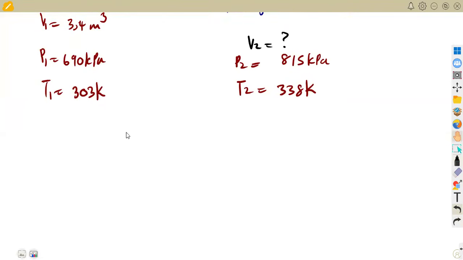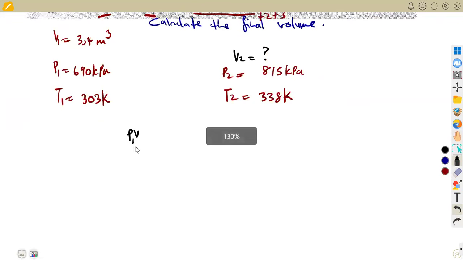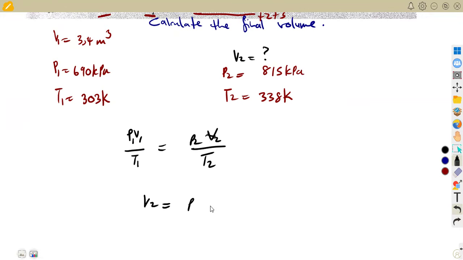So from the PV over T, it follows that P1 V1 over T1 will be equal to P2 V2 over T2. So we have to manipulate until we make V2 the subject. If we make V2 the subject, V2 is going to give you P1 V1 times T2, then we divide by T1 P2.